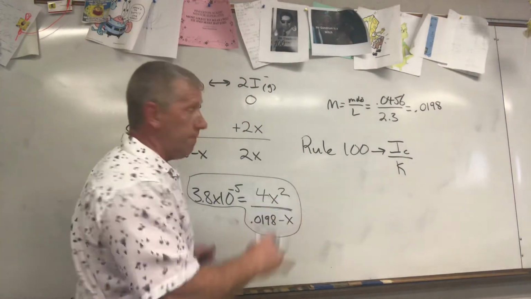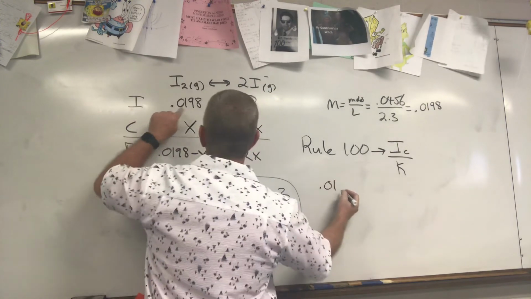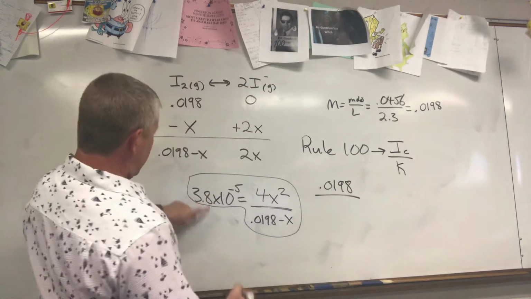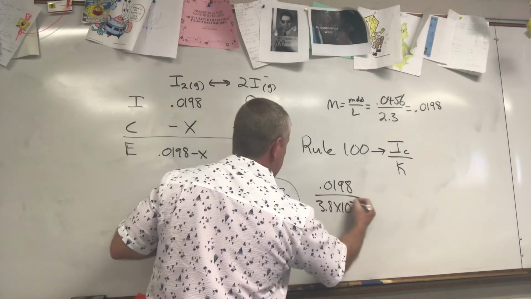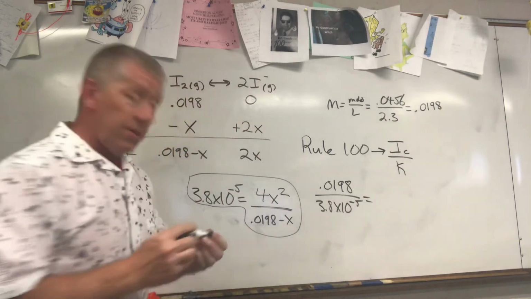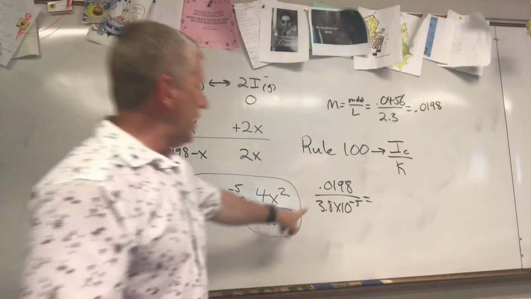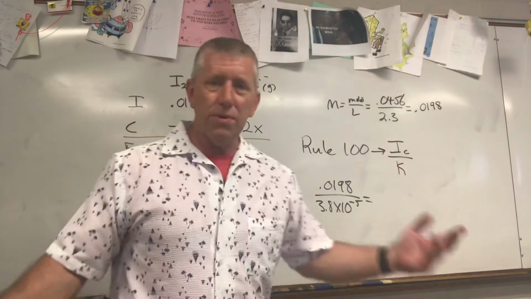Okay, for this problem, the initial concentration was 0.0198. Divide by the K value, 3.8 times 10 to the minus 5. All right, let's see what we get. Some of you might be able to look at it already and say, that's -2, that's -5, that's a difference of like 1,000 or something like that.